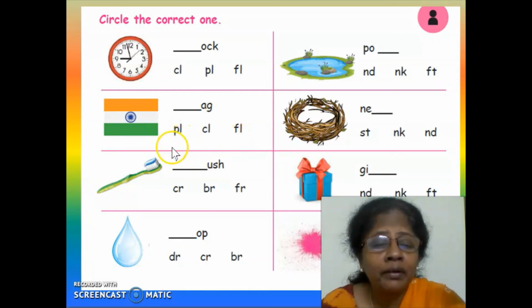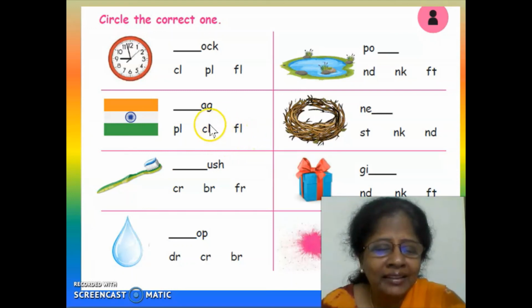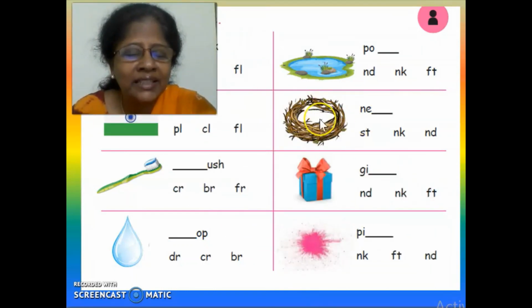This is pl, this is cl, this is fl, and this goes there. And here we have a bird's nest. It's given here, ist, ink, ind. You know what to write? So ist goes there in the nest.